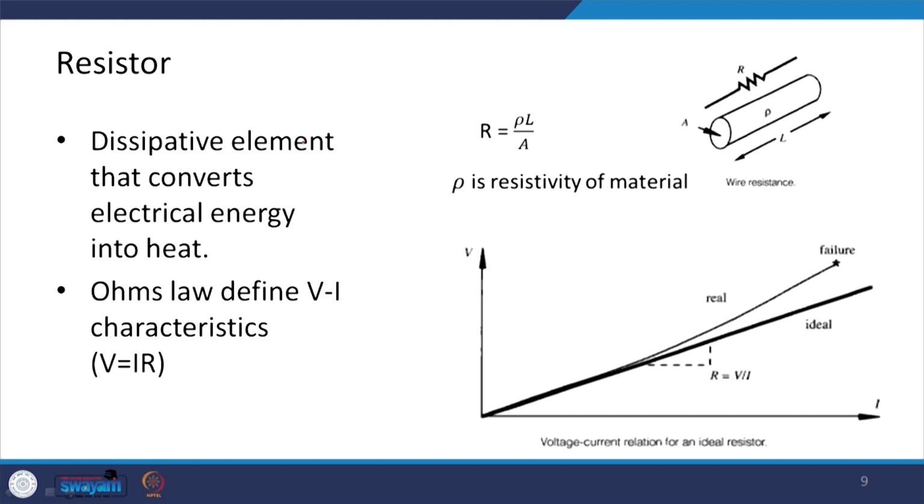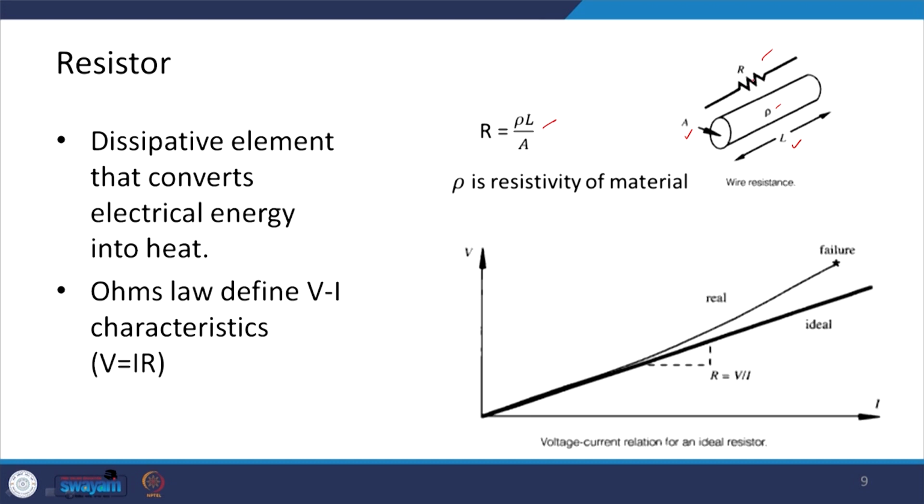If I have a wire resistance conductor of length L and area of cross section A, and resistivity of the material is rho, then this resistance is defined as rho L by A. And this is the notation of how it is represented in an electrical circuit.